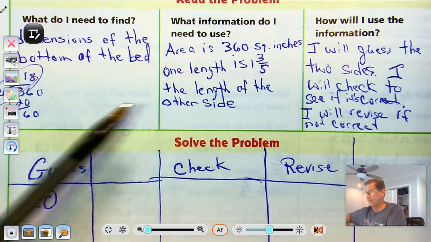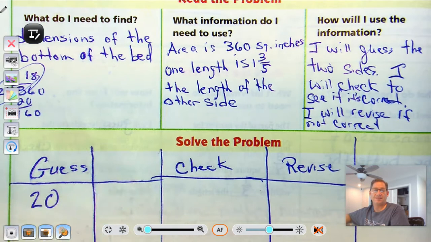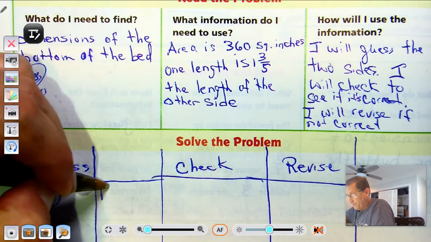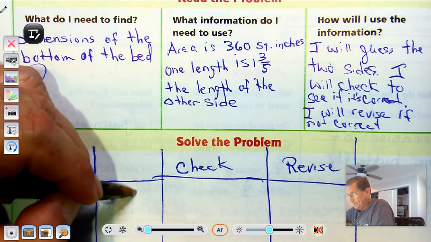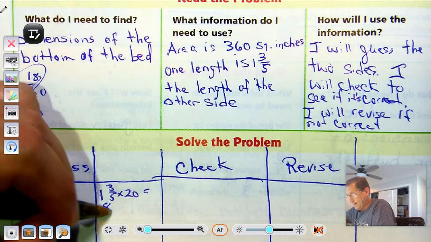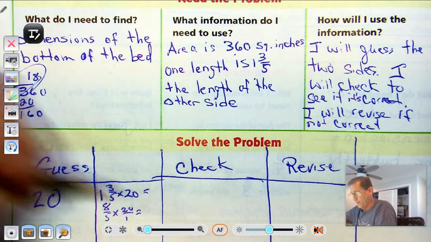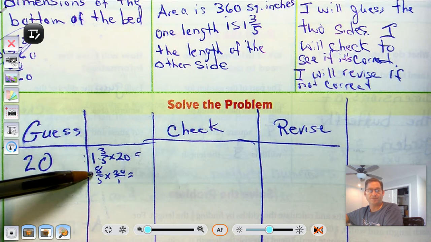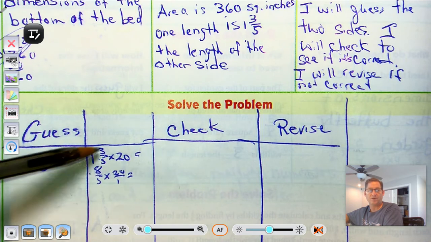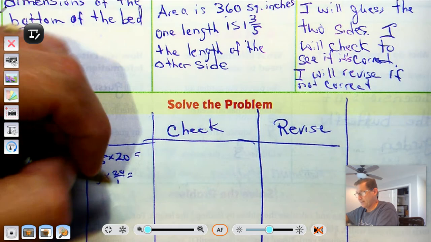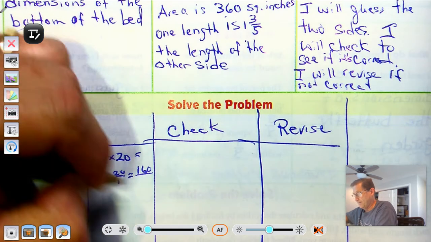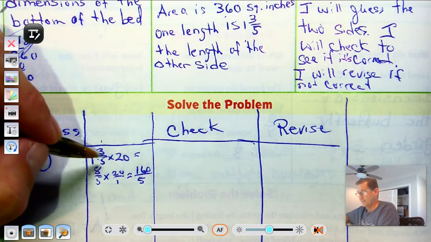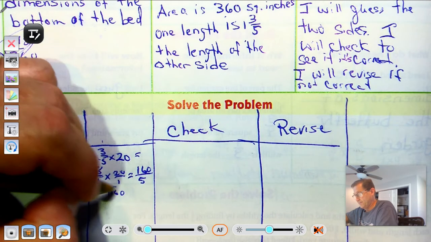Well, they told me that the other side is 1 3/5 as much as that. So let's see. 1 3/5 times 20 equals 8/5 times 20 over 1, right? 1 3/5 is the same as 8/5. 5 times 1 is 5, plus 3 more is 8. 8 over 5. 8 times 20 is 160 divided by 5.